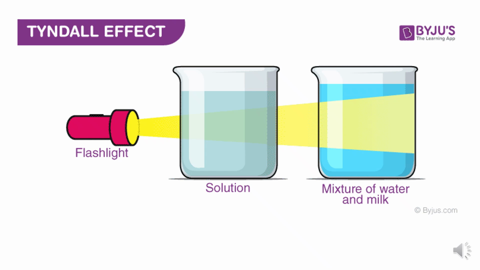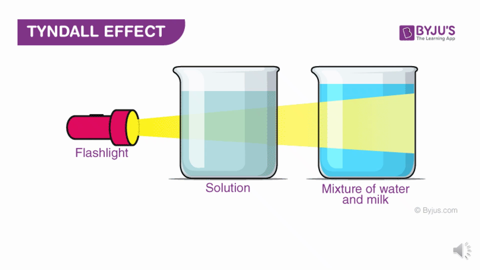In this figure, you can see light passing through a solution as well as a mixture of milk in water. The solution does not show any Tyndall effect due to the small size of its particles. But in the case of milk in water, you can see a Tyndall cone due to the scattering of light by the colloidal particles.